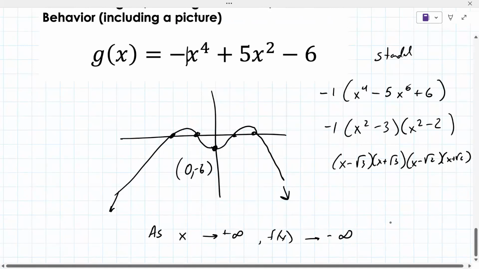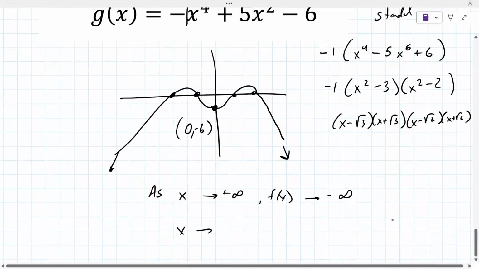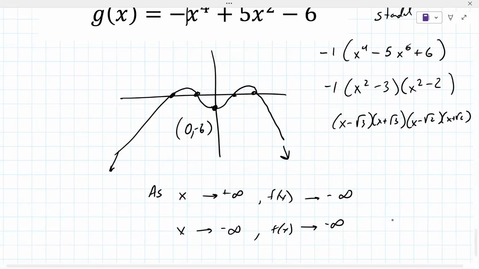Then as x goes to negative infinity, f of x would go to negative infinity. Right, good.